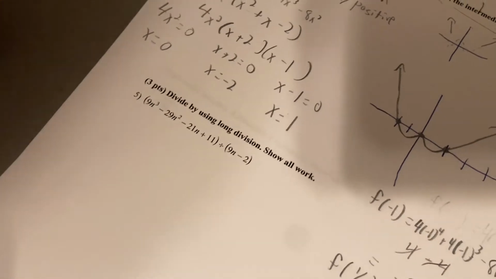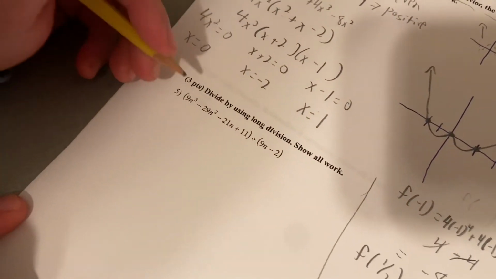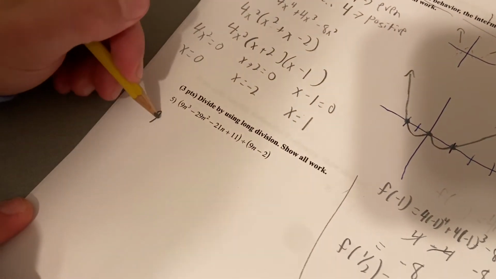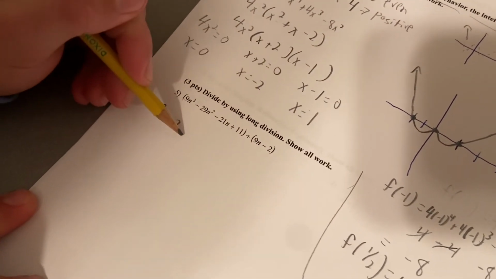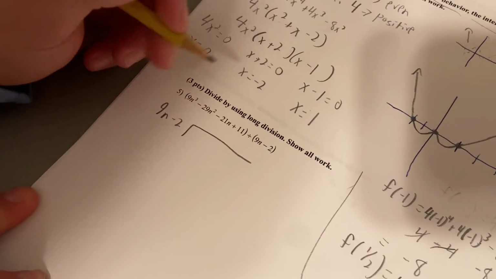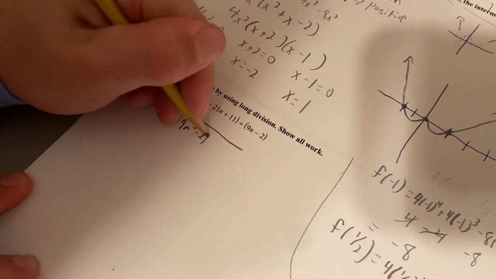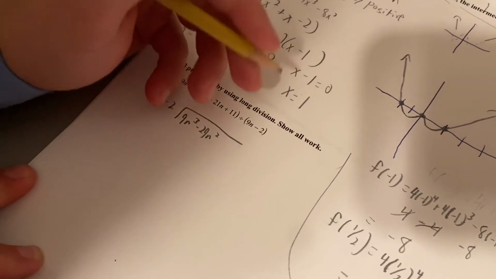And then, all right, for the next one, we bring down the 9n minus 2, and by using long division, you have to put all 3 of these in here.